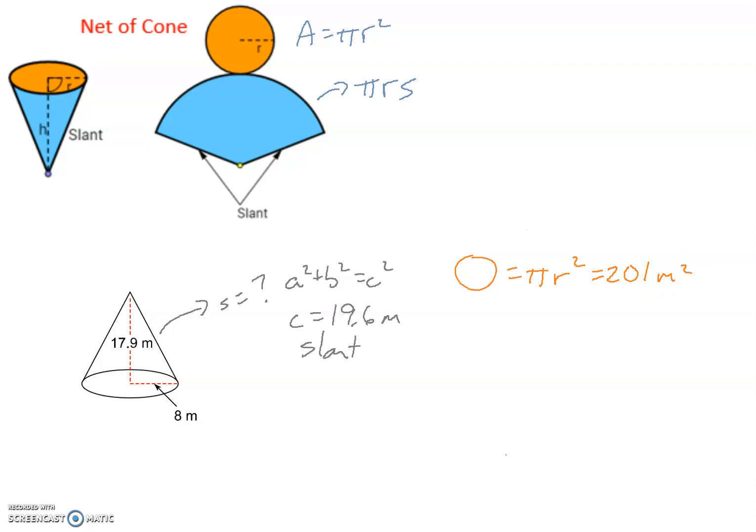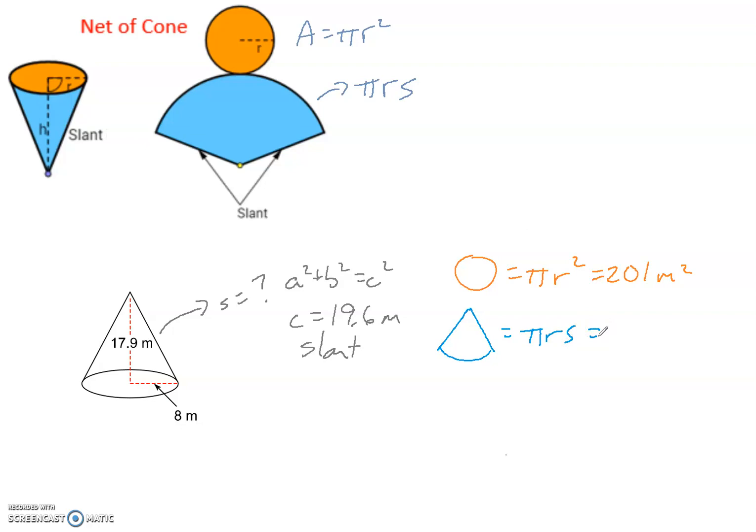Now I can find the area of the outside part. If I find the area for the outside part, so that weird coney looking shape, that is pi times the radius times the slant. So pi, I know that's my 3.14, that hasn't changed.